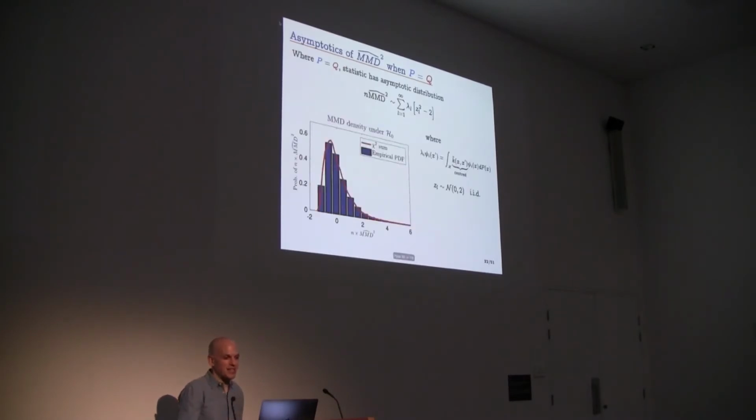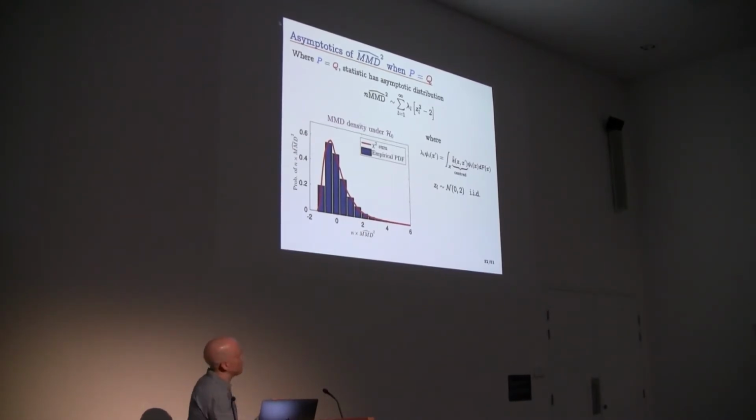And indeed it isn't. So unfortunately, when P and Q are the same, the asymptotic behavior of the maximum mean discrepancy is quite tricky. So n times the empirical maximum mean discrepancy has a distribution which is an infinite weighted sum of independent chi-squareds.